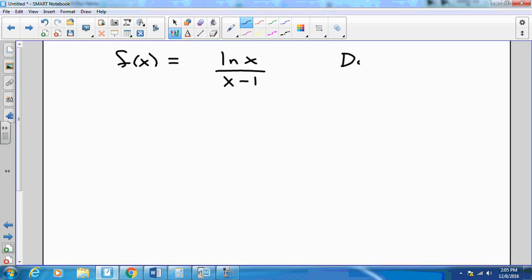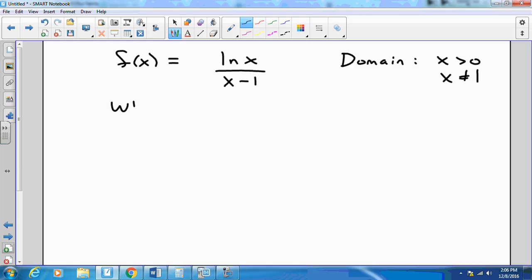And so the domain of my function is going to be x is greater than 0, but wait a second. There is another value that I cannot use for x, 1. So I have to restrict my domain so that I'm talking about x's that are greater than 0 and x's that are not equal to 1.